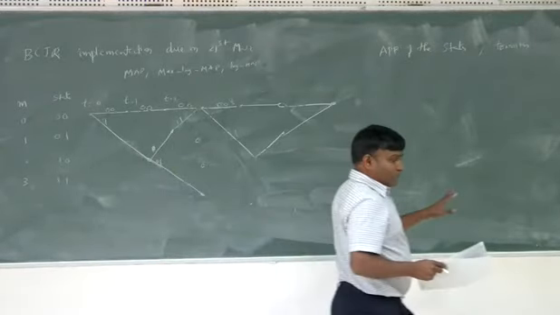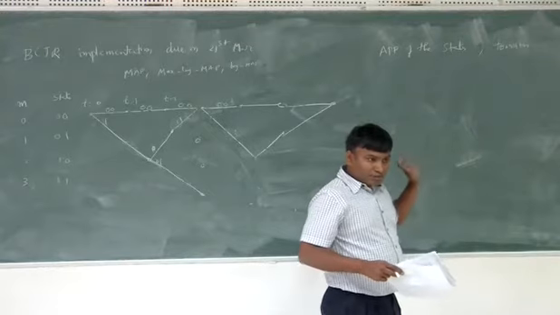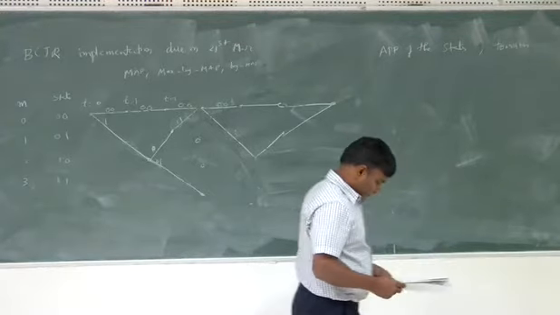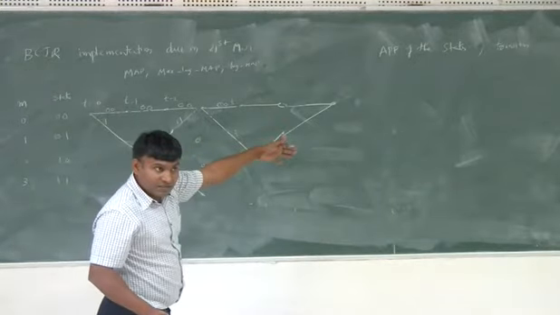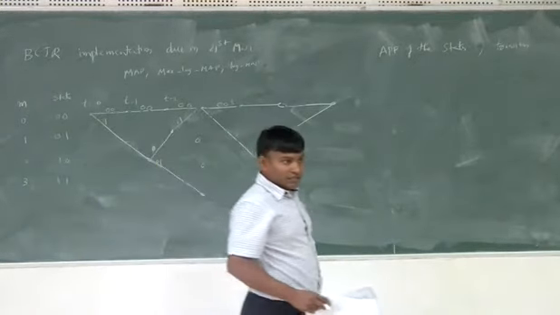So this algorithm provides APPs of both the source as well as the channel bits. Source bits are input to the encoder, channel bits are the output of the encoder.